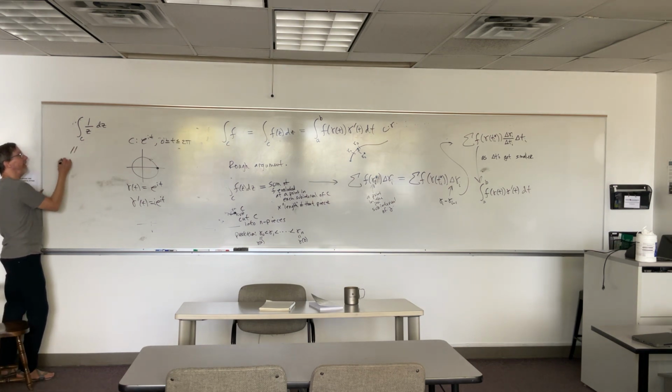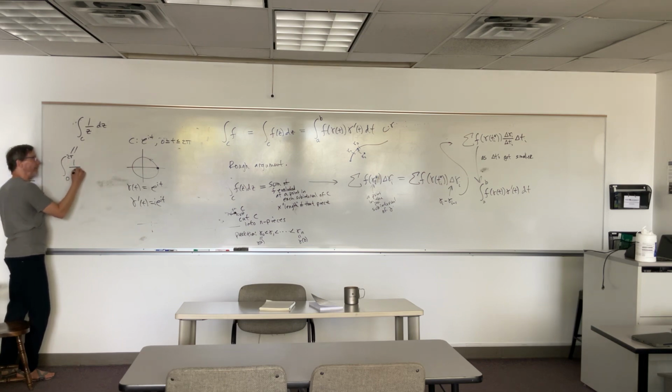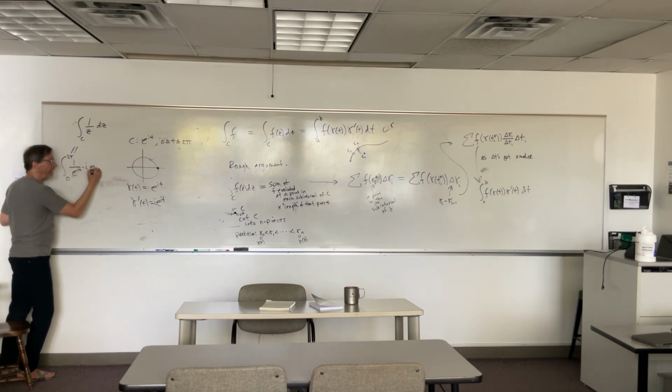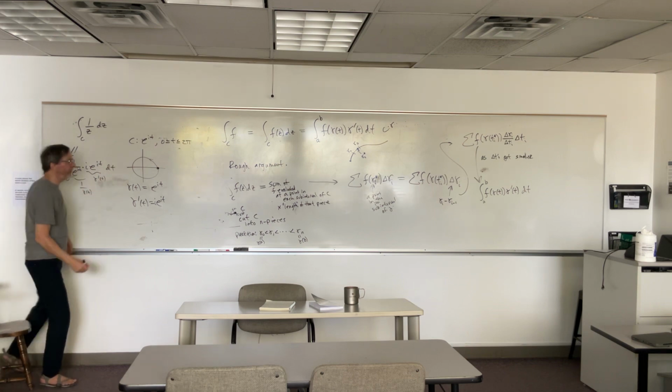This is equal to the integral over the parameter range, 0 to 2 pi, of 1 over the function, where now I'm replacing z with the gamma definition, times i e to the it. So this is the gamma prime of t. This right here is 1 over gamma of t. And then dt. Can you finish that up for me?